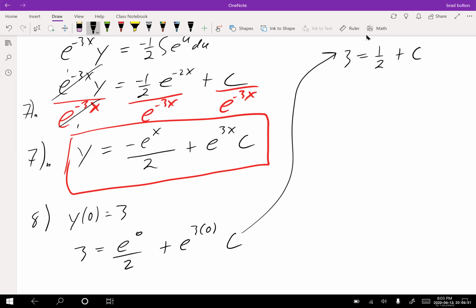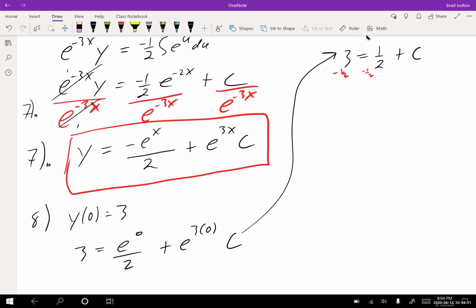So this would be what? 7/2 equals c. So if I just subtract it over, so that should be, oh, not 7/2. I think that's wrong. 2.5, which is 5/2, right? No, maybe I was right the first time. No, I was right the first time.